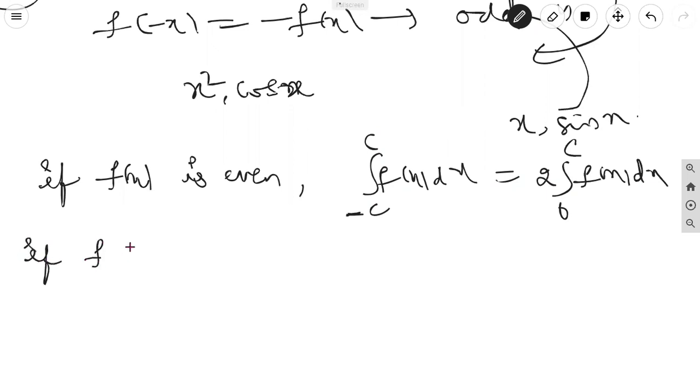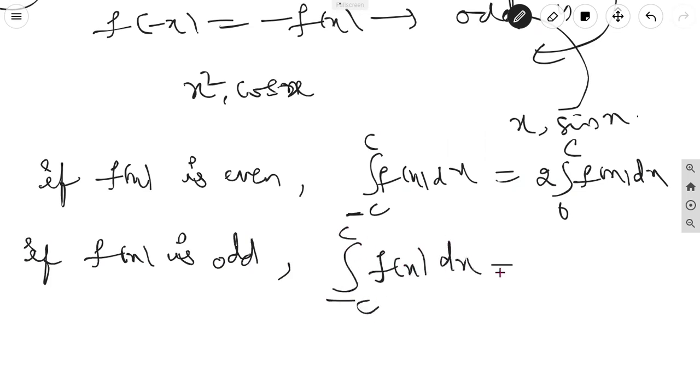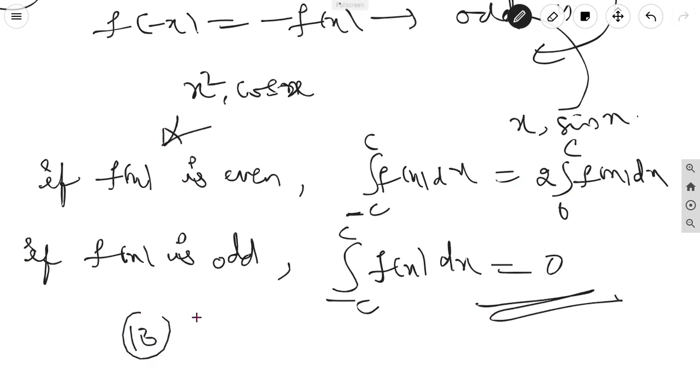If f of x is an odd function, integral minus c to c f of x dx is equal to 0. These 13 formulas are very important. If it is an even function with the negative and positive signs of the same limits, then you take double of 0 to c. If it is an odd function, the integration will become 0.